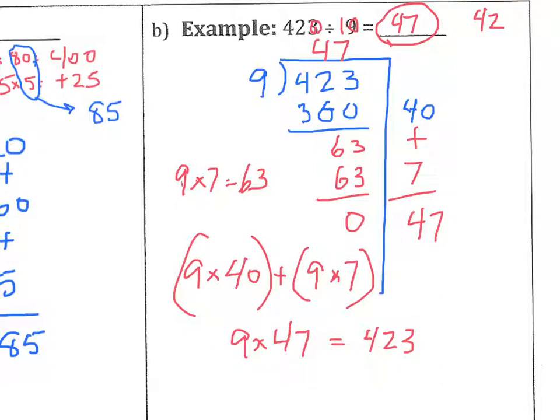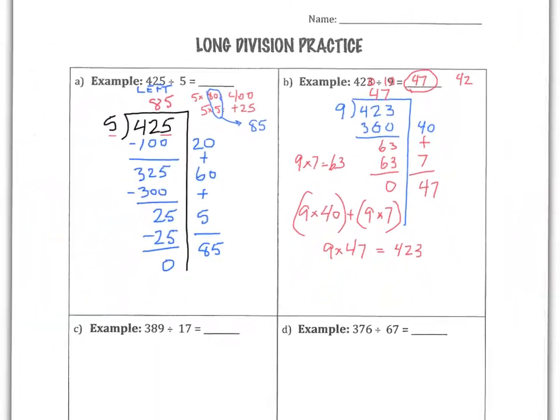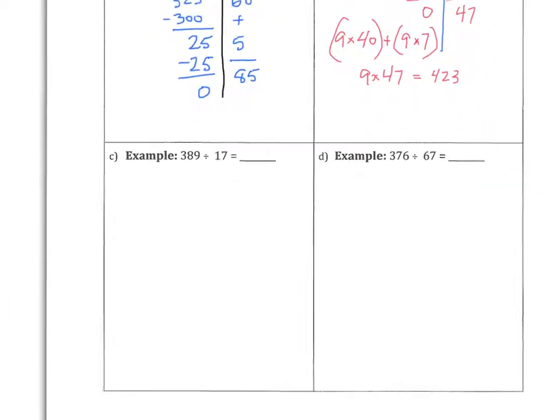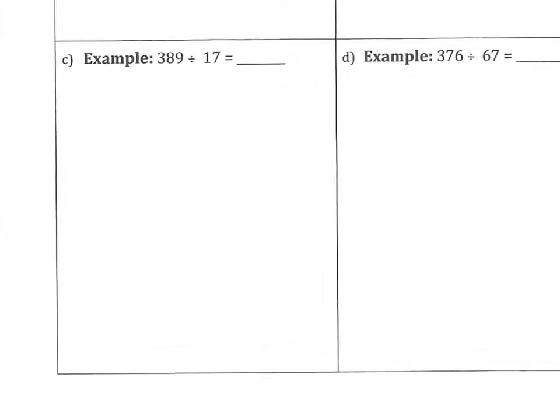All right, let's try one more. 389 divided by 17. This one's a little bit tricky for me.